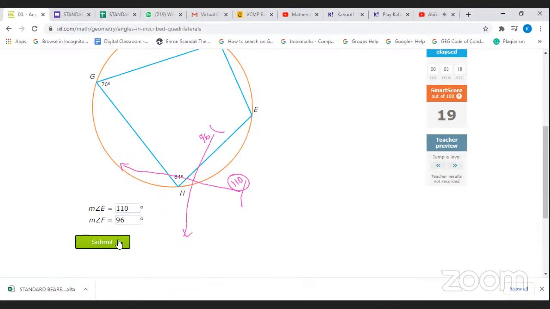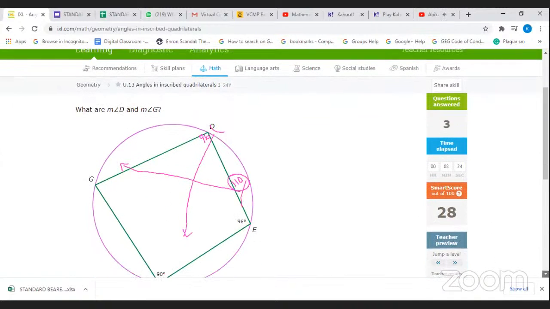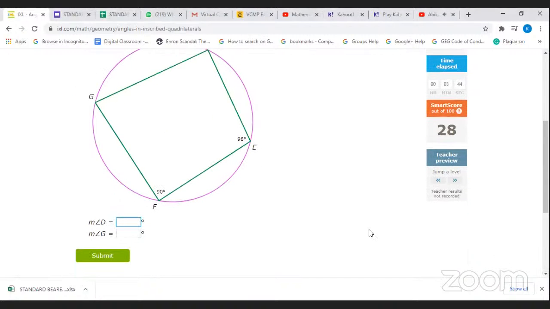So the next one here says find D and G. Let me quickly clear this first. So you see that D is opposite to F. So that would be what? 90.